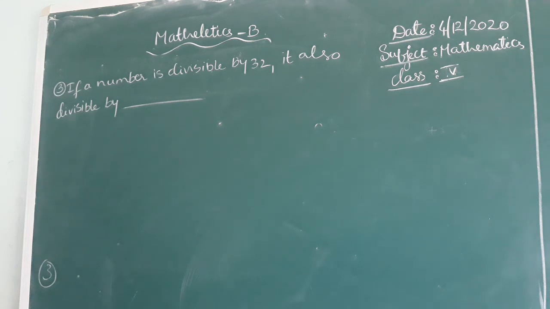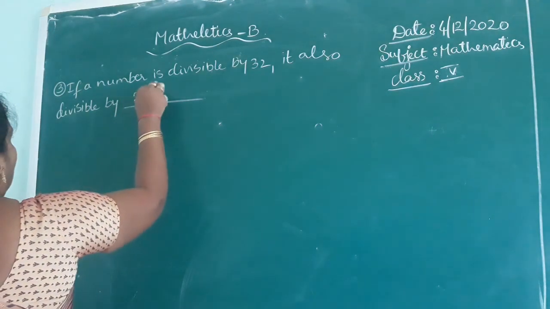If it is divisible by 32, it will be divisible by 1, 2, 4, 8, 16, 32. Those are all the factors of 32. So it must be divisible by 2, 4 and 8.